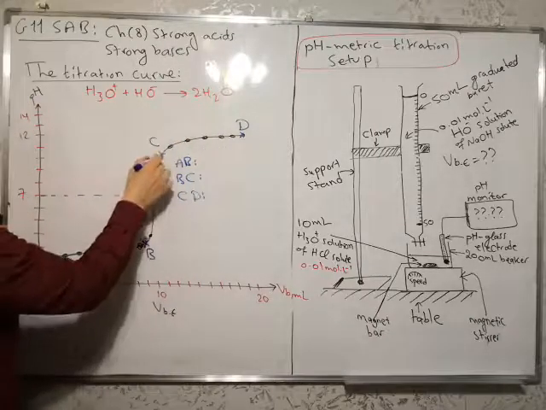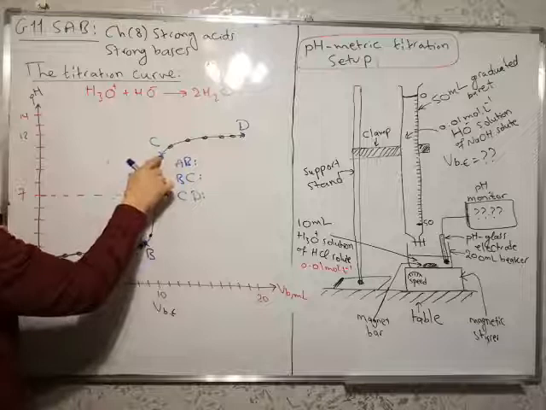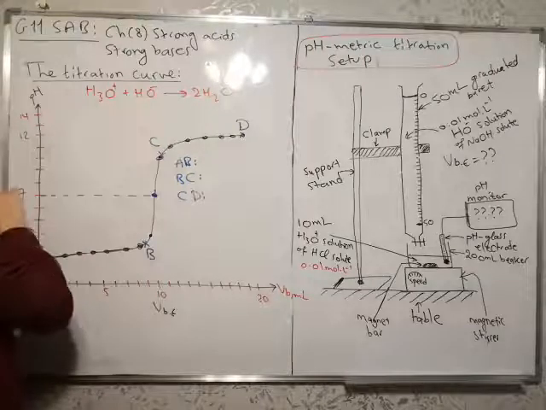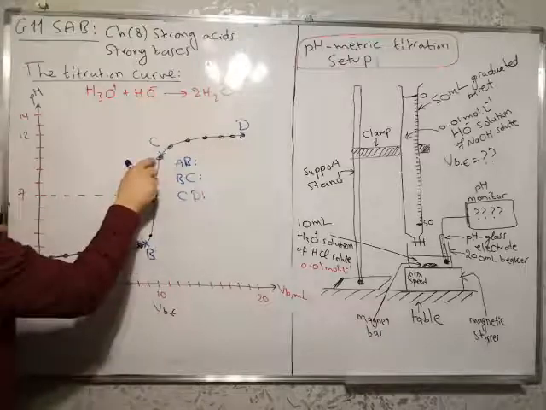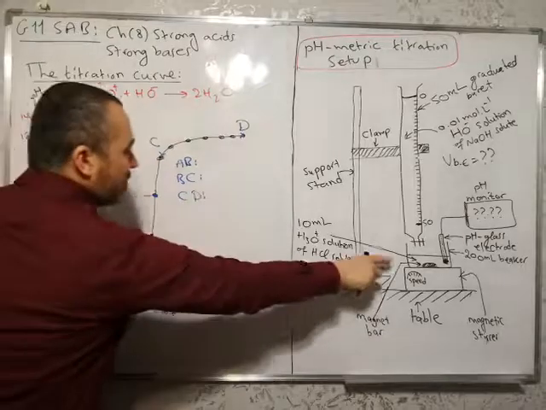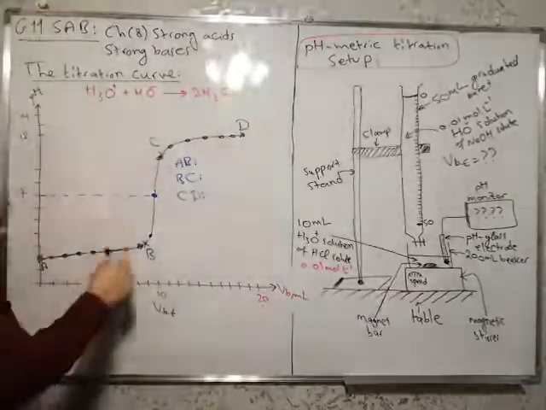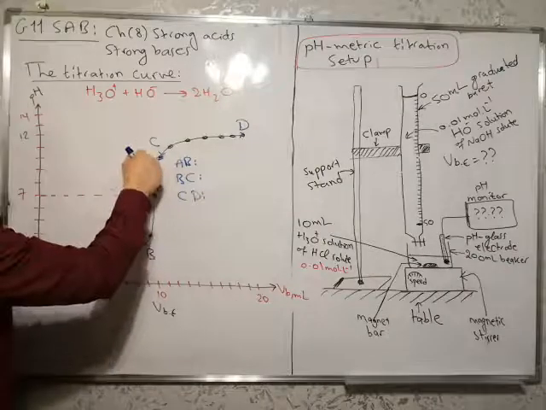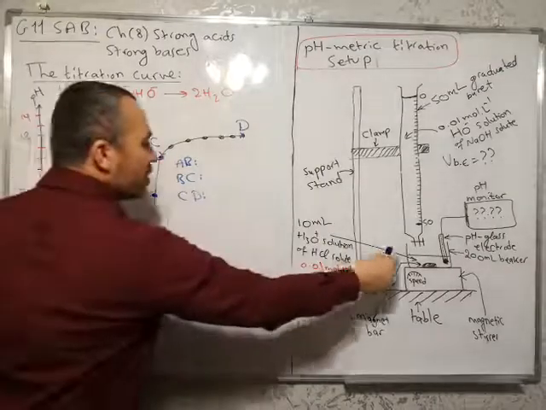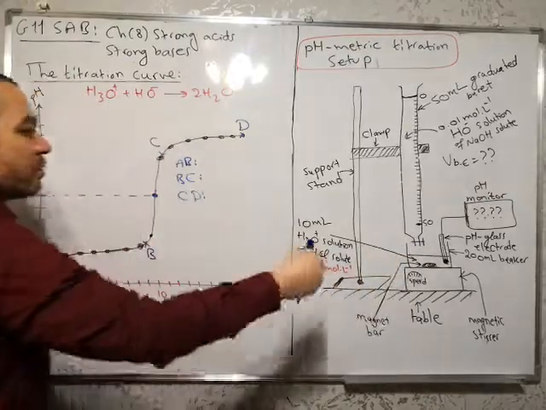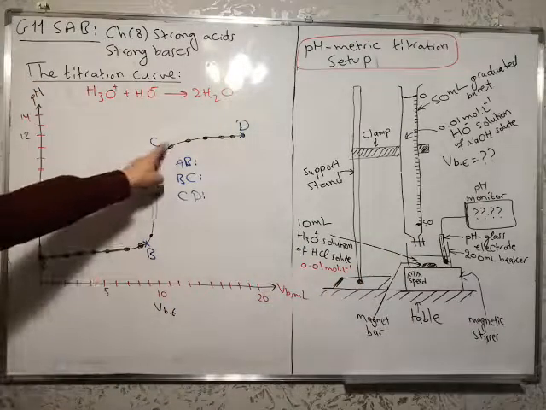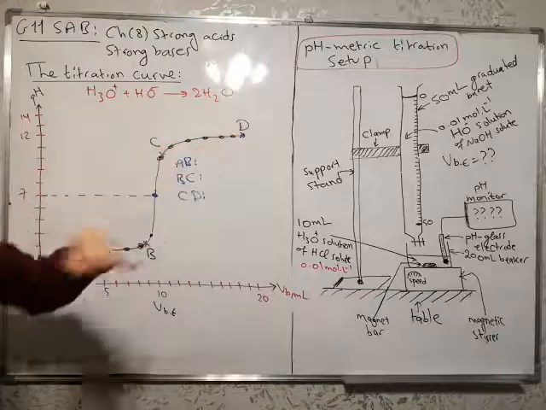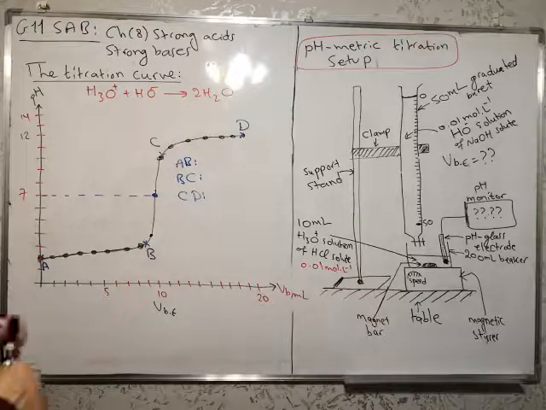When it becomes in this pH value, about 9 or 10, the medium becomes basic in the beaker. Now when I add a base over a base, the solution becomes basic but more basic. Then the pH increases slightly again.